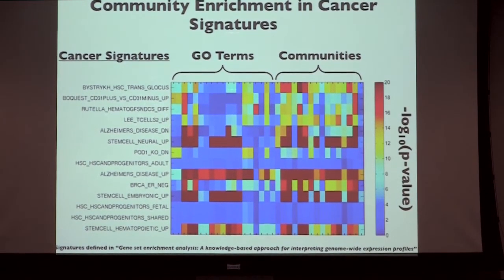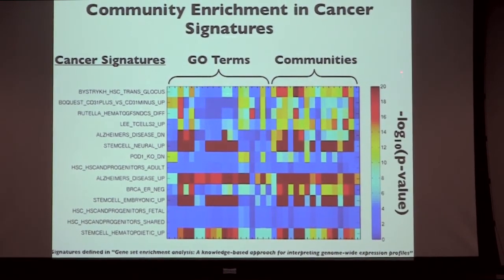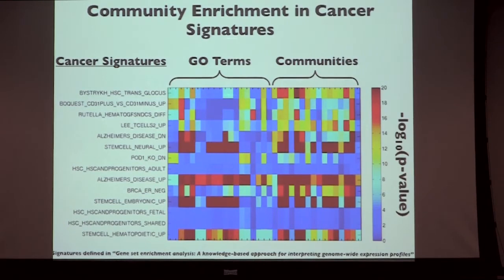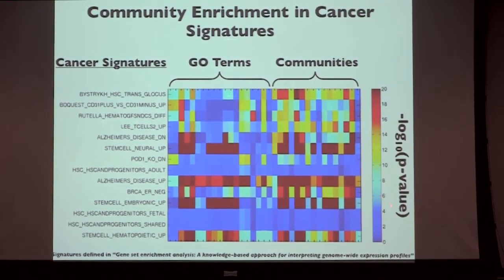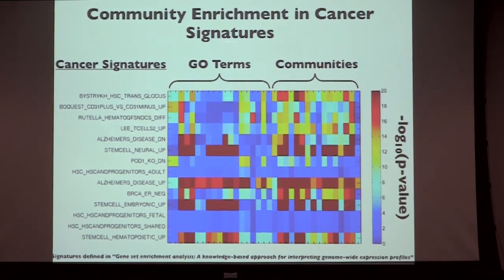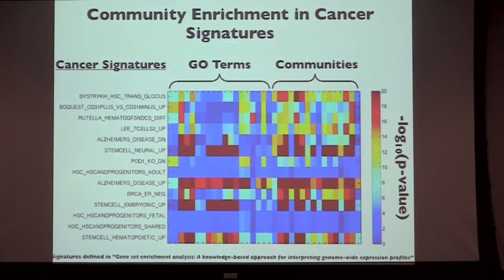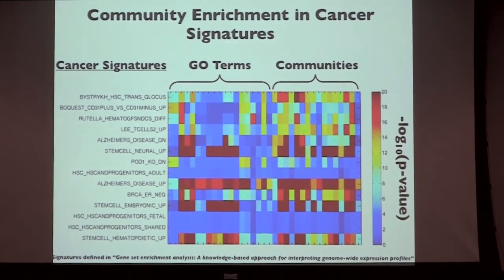And what is the statistical overlap? Darker colors represent high statistical overlap. And you see that we tend to have a bit more statistical significance with these biological gene sets than the terms, the branches. And in addition, you see that you get different information.